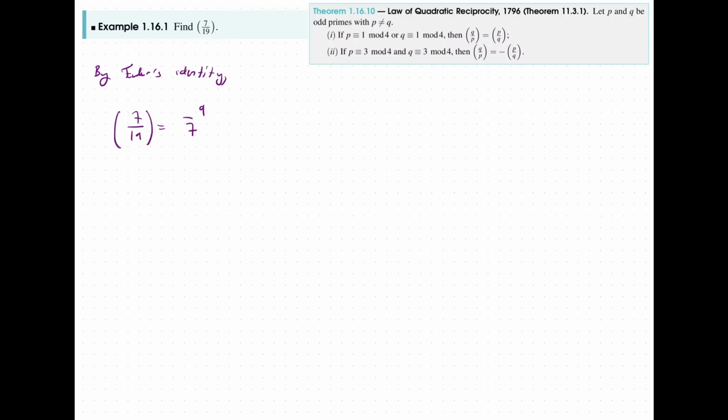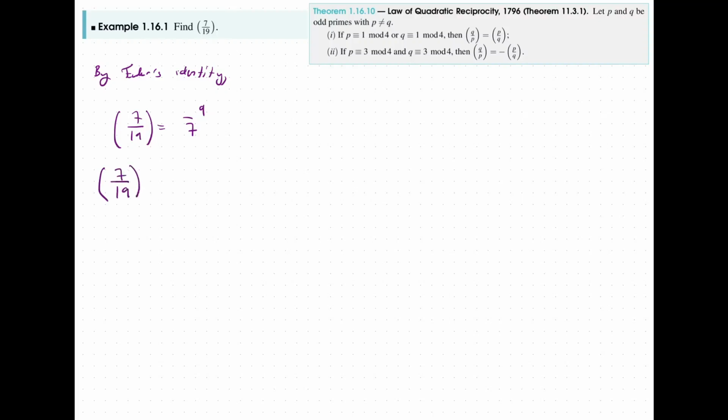But we want to be lazy for this. So what can we do? Well, the law of quadratic reciprocity. Because now we can go ahead and do the following. So if we apply the law of quadratic reciprocity as it's stated here, we can do the following nice trick. So we have 7 on 19.